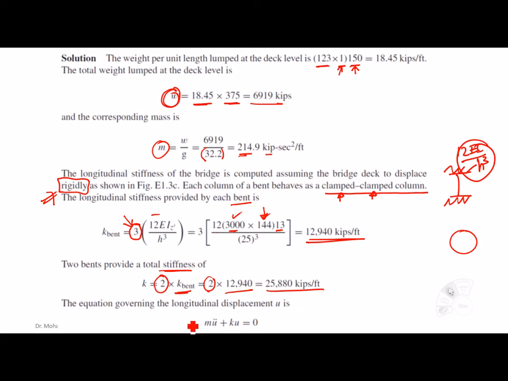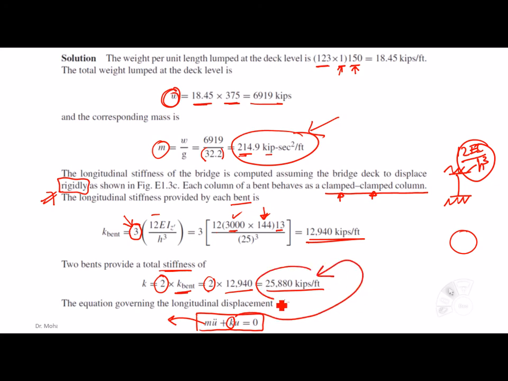The equation governing the longitudinal displacement is m u double dot plus k u equals 0. We have this m here, which is a constant, and we have k, which is here. So this is the equation of motion, and these are the most important constants.